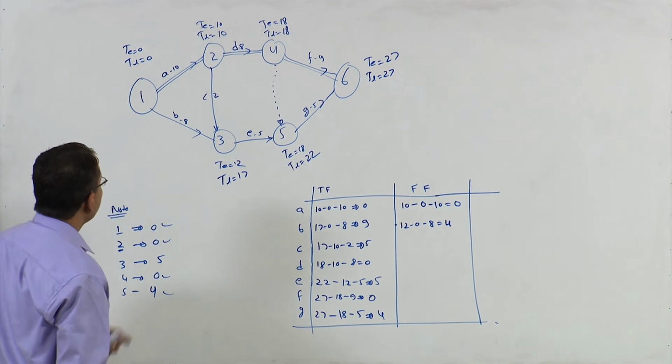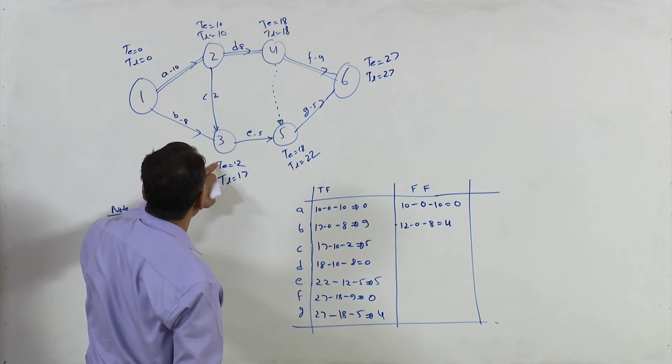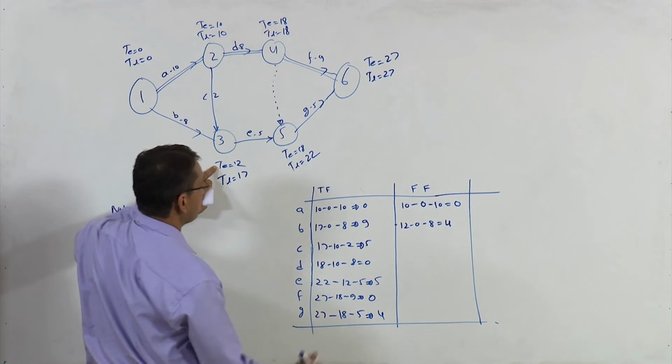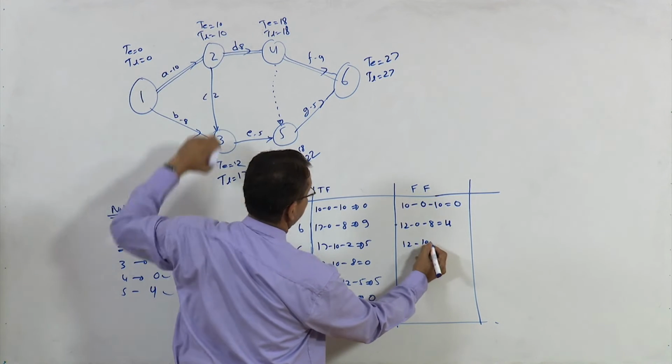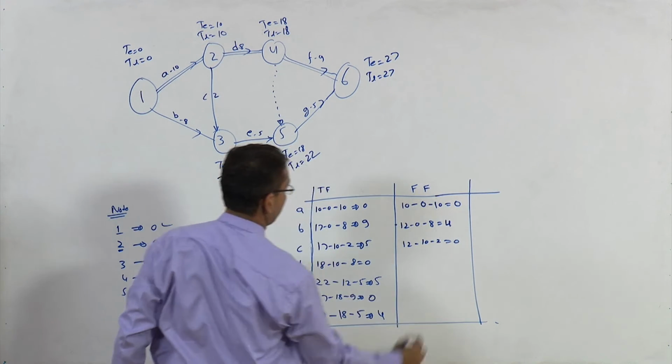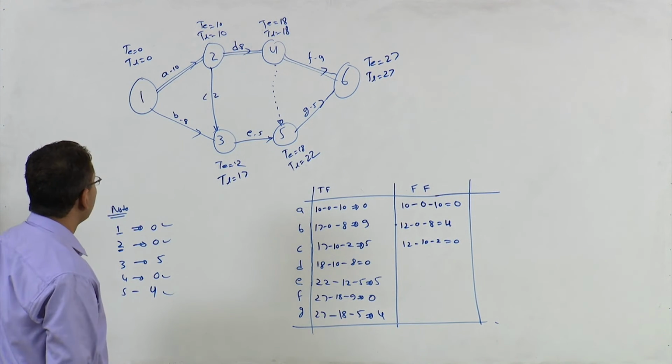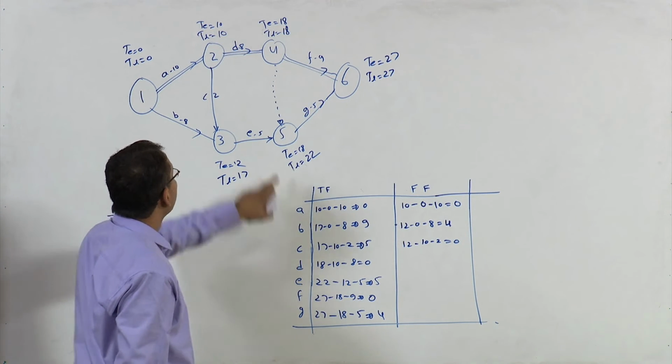For activity C, TE here is 12, TE here is 10, minus 2, this is 0. Activity D is this one.